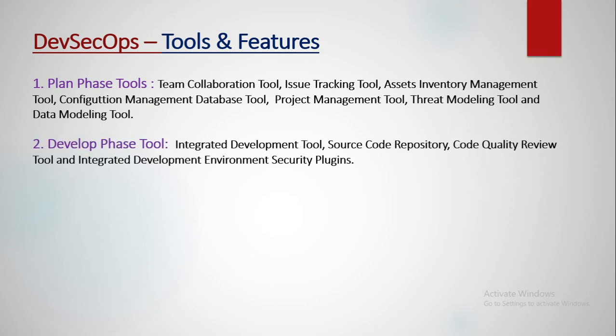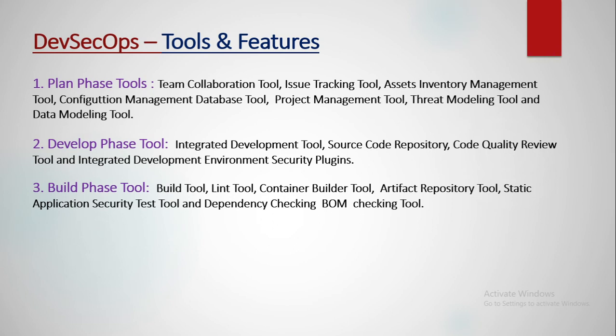Next one is development phase tools. In the development phase, we can use integrated development tools and source code repository tools as key tools. Also, by using these tools, we can get a few benefits such as visual representation, improved efficiency, increased bug fixing speed, and file comparing facility.